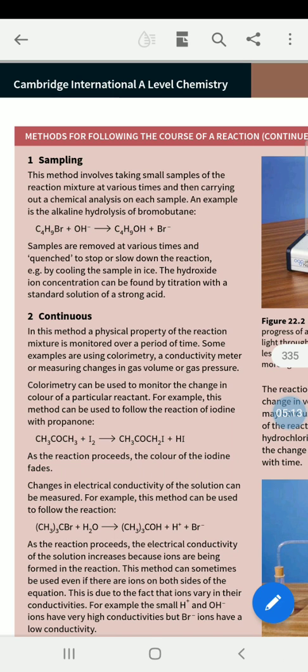So here they have given an example, CH3COCH3 plus I2 giving CH3COCH2I plus HI. You can write that as an example. On the left hand side you can write brown color. On the right hand side you can write colorless. So when the reaction proceeds, the color of the iodine will fade.